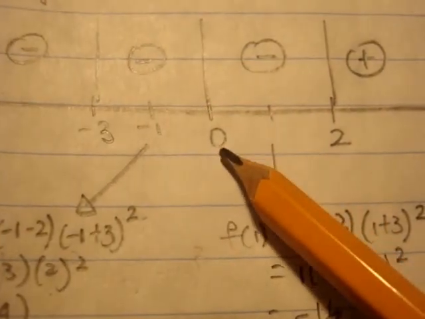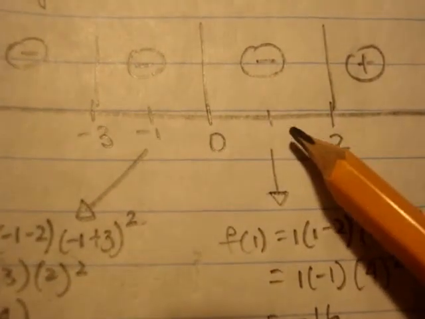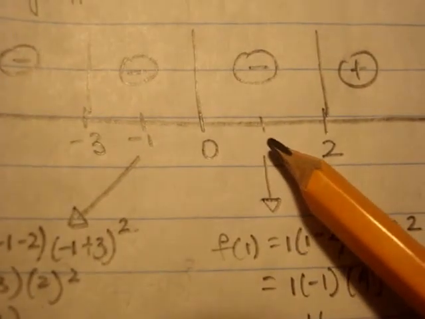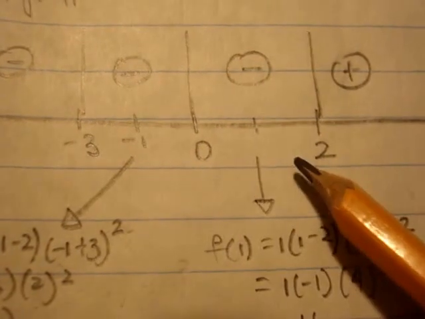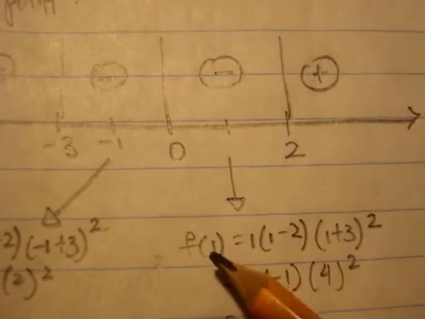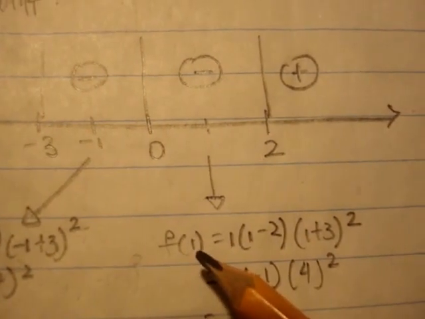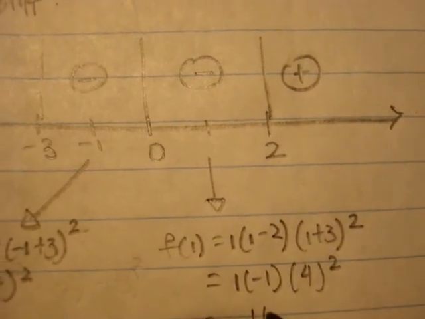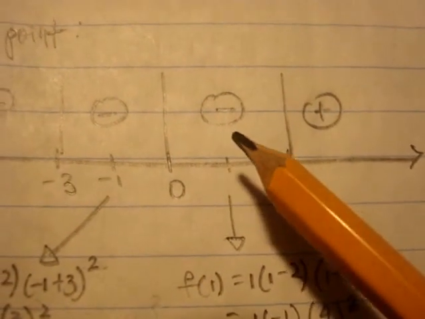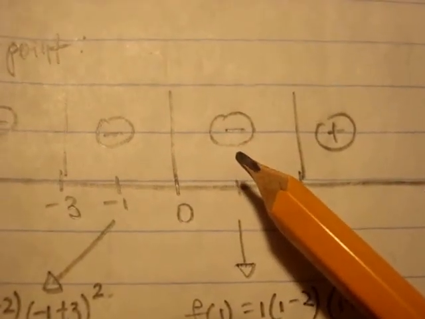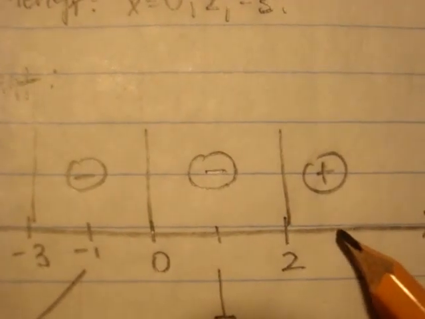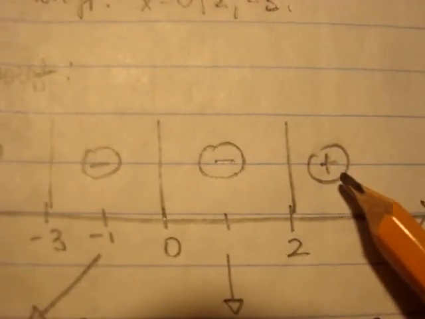And then as for 0 to 2, you could try the number 1. You could try any other number between 0 and 2, but I try 1. So I put the 1 into the original given function and solve for it, and the answer will be negative 16. So between 0 and 2, there's a negative answer, so I put a negative right here. And if you try 3 right here, you will get a positive number.